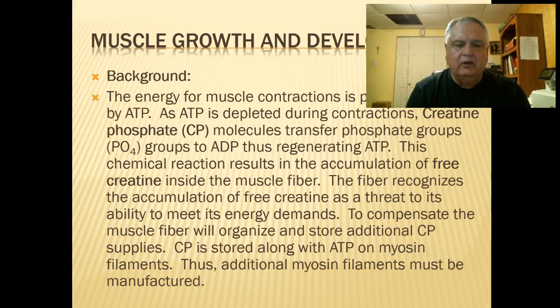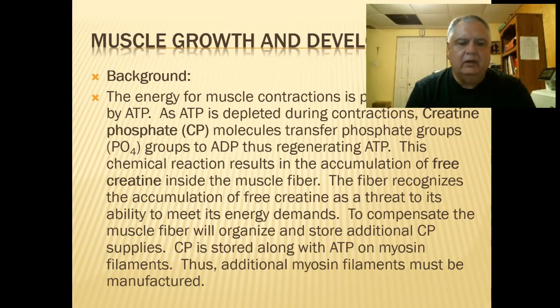The fiber then is going to recognize this accumulation of free creatine as a threat to its ability to meet its energy demands. So what we're saying here is the more free creatine that accumulates inside the muscle fiber as a result of contractions, the muscle goes, wow, look at all that free creatine. We almost ran out of the ability to reorganize ATP.